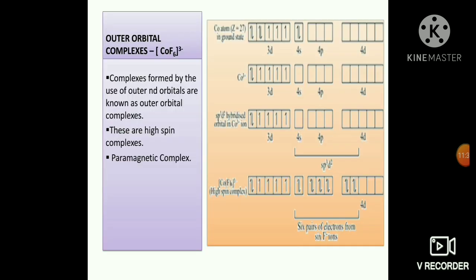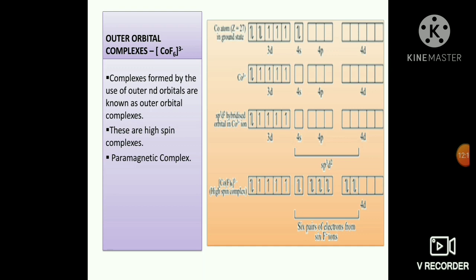Now one more example is for outer orbital complexes having 6 ligands. Here we took cobalt as the central metal atom and we have 6 fluoride ligands. This complex is formed by outer nd orbitals, which is why it is called an outer orbital complex or high spin complex.